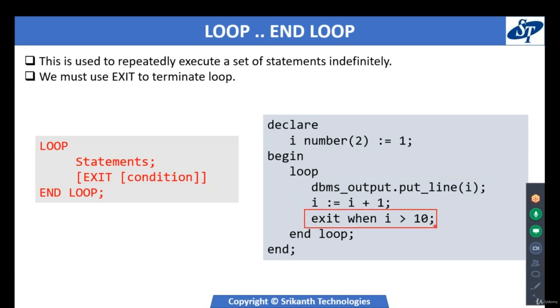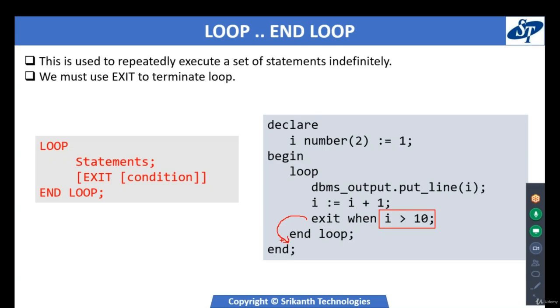You have to exit the loop when I exceeds 10, because the program is to print numbers 1 to 10. And when I exceeds 10, we need to stop this loop. So we start with I as 1, we print it, we increment I by 1, and when I exceeds 10, the loop is terminated because we use exit.